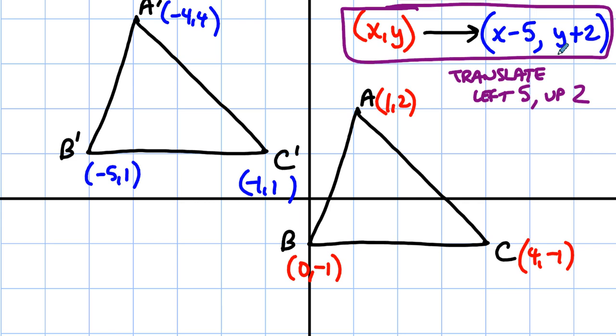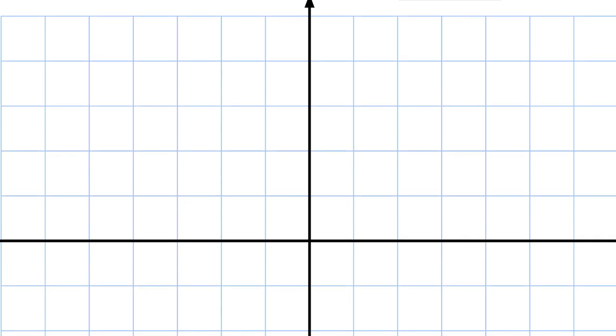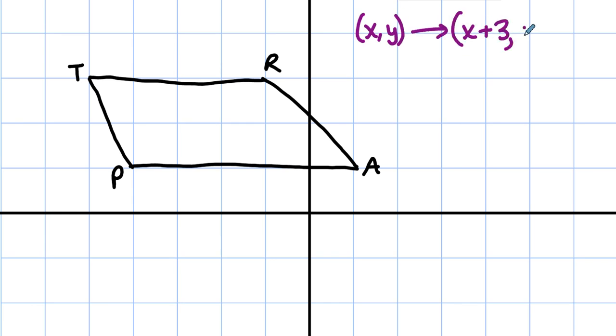So let's think about, oh, wrong way. Let's think about a second example. Let's take the trapezoid, and yes, this is a trapezoid, and let's find its image under the transformation that moves the point (x, y) to the point (x + 3, y - 3).